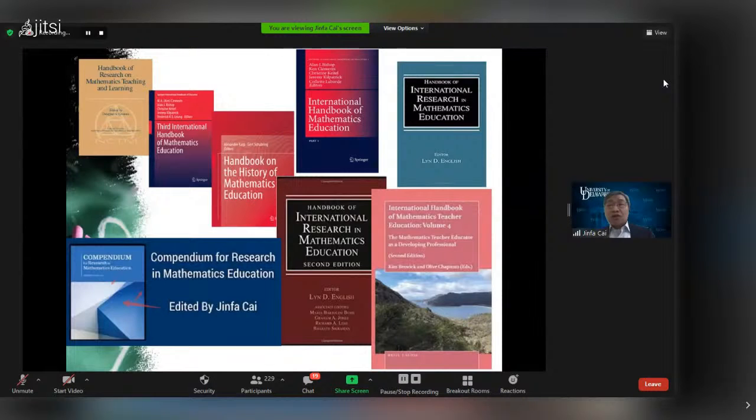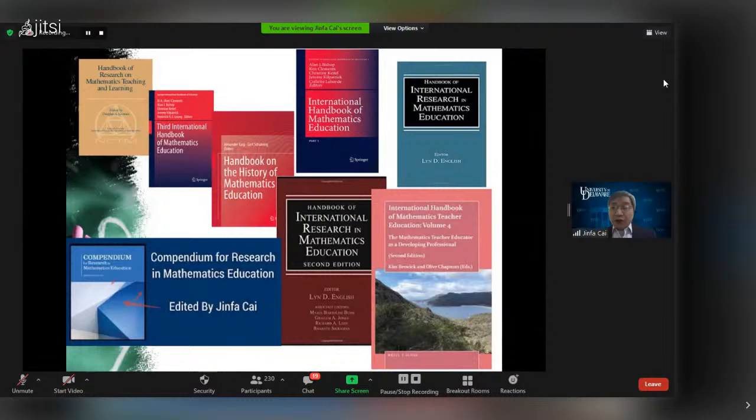Besides that, no other research handbooks or compendiums include a separate chapter on that. So on one hand, it has enjoyed quite a bit of attention, but on the other hand, our handbooks haven't included that kind of chapter yet.